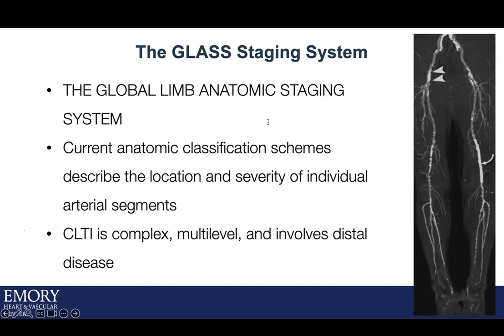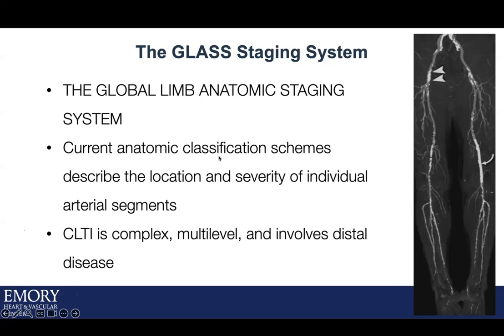Successful revascularization in CLTI, especially in patients who have ulcers, always requires pulsatile flow to the foot. You have to restore the flow all the way down to the foot. If you have disease everywhere and you have tissue loss, ulcers or gangrene, it's not enough to fix just this lesion here in the femoral popliteal.